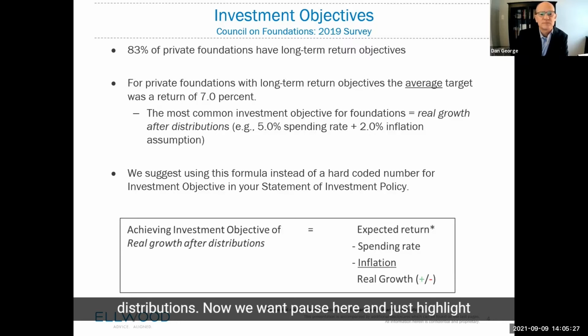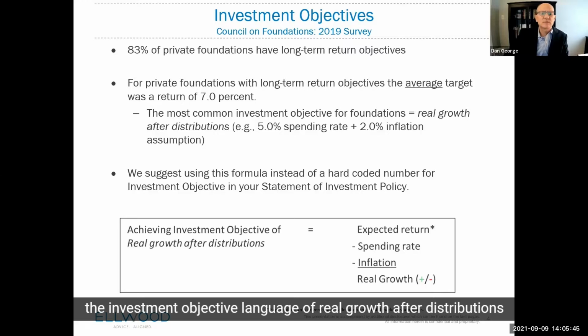after distributions. Now, we want to pause here and just highlight the importance of having a phrase or a formula like real growth after distributions in our statement of investment policy, rather than a hard-coded number like a 7.0% return objective.